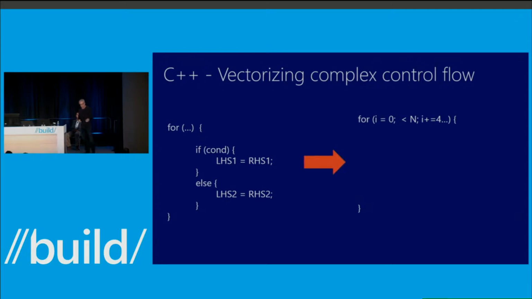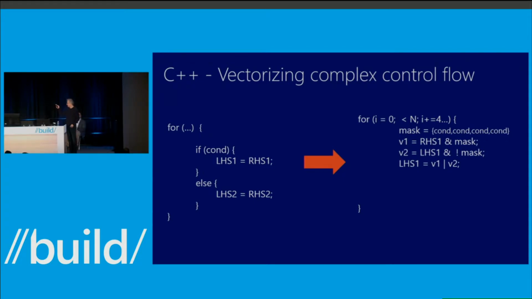So conceptually, what we're going to be able to do here is we're going to create a mask for the condition, duplicated 4 times if this was SSE2, which is 128-bit vectors. And then we're going to generate code that's the equivalent to that.